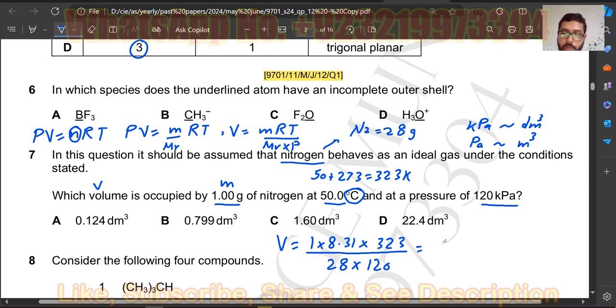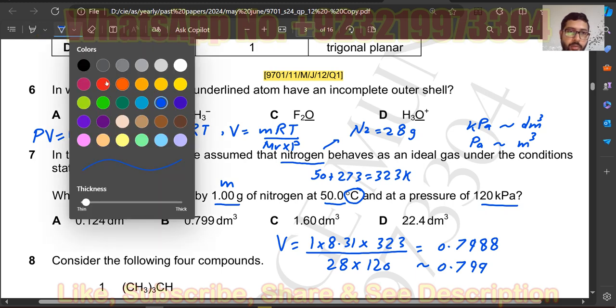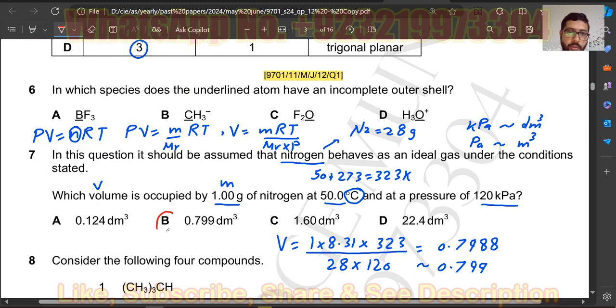The value comes out to be 0.7988. Now this is very much equivalent to 0.799. Now the correct answer becomes 0.799.